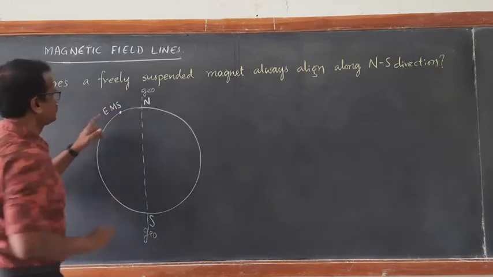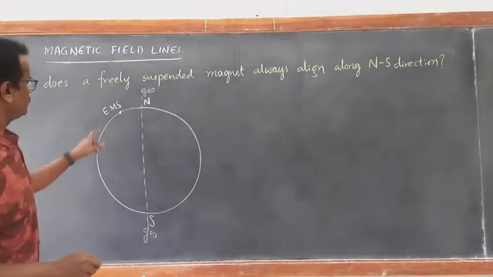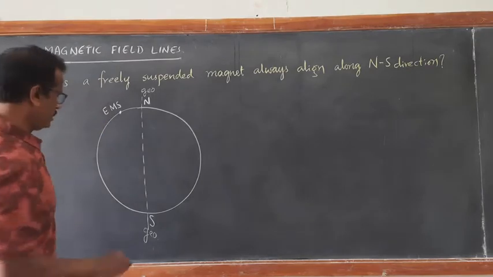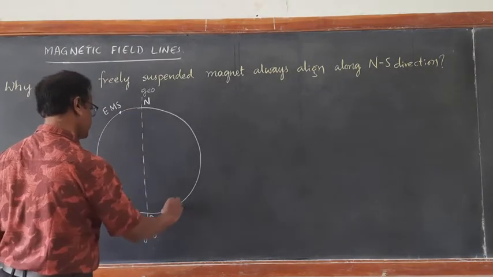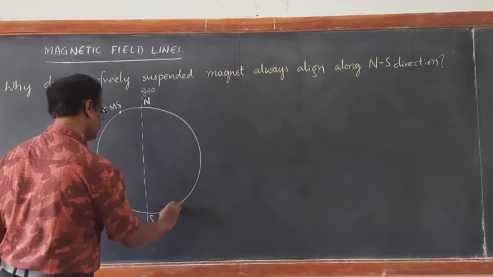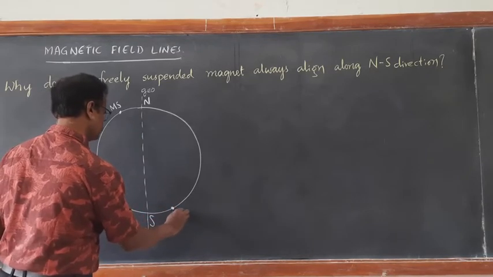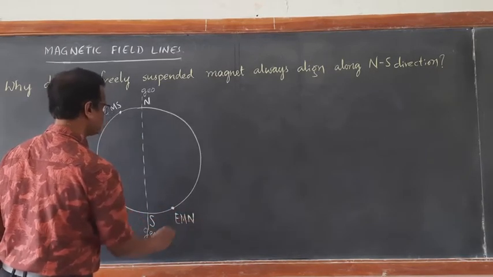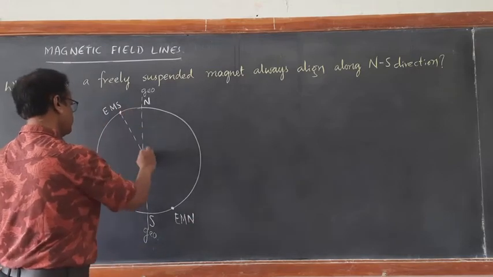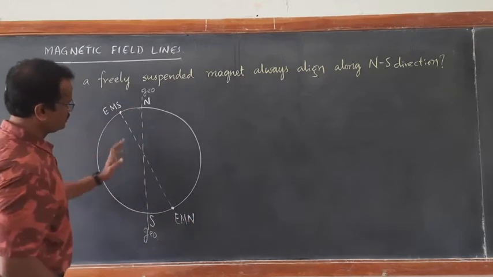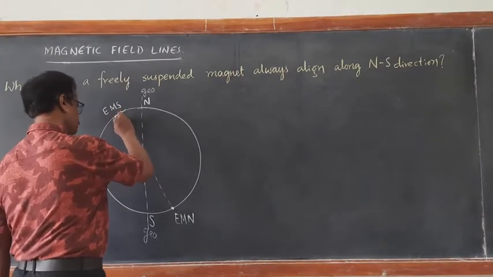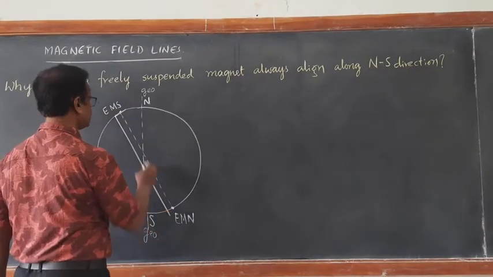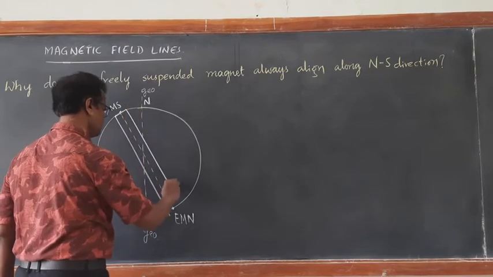Earth's magnetic south. EMS means Earth's magnetic south. And near this south, there lies Earth's magnetic north. So that if you draw this forms the magnetic meridian of the Earth. So it behaves like a huge bar magnet present inside the Earth.